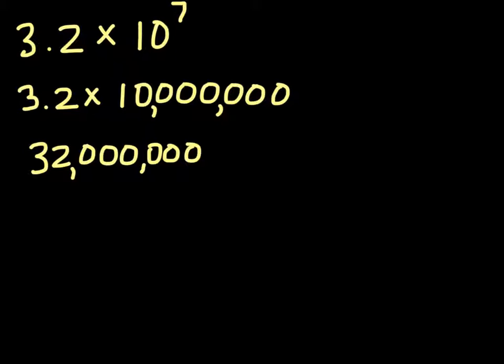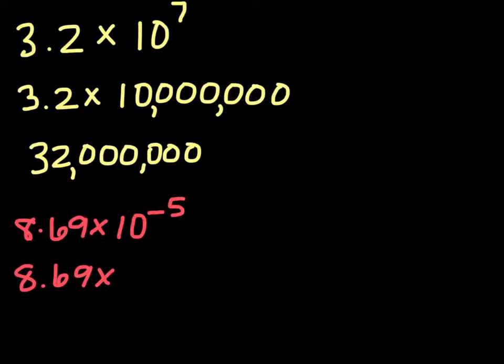Let's try another. Let's take 8.69 times 10 to the negative fifth, and let's write that in standard form. The first thing we'll need to do is write it in product form, which is 8.69 times 0.00001. We have 5 zeros total because our exponent was 5.